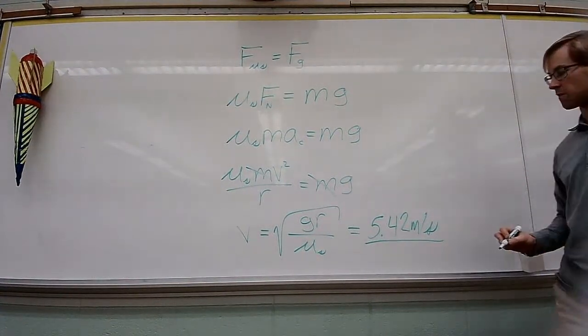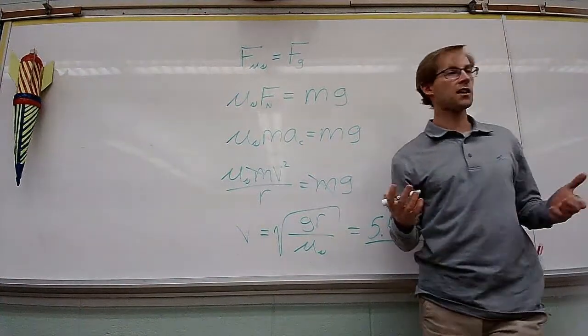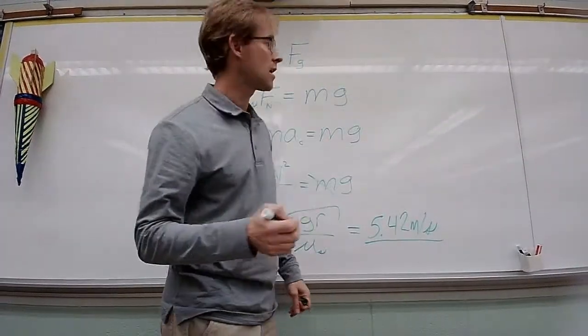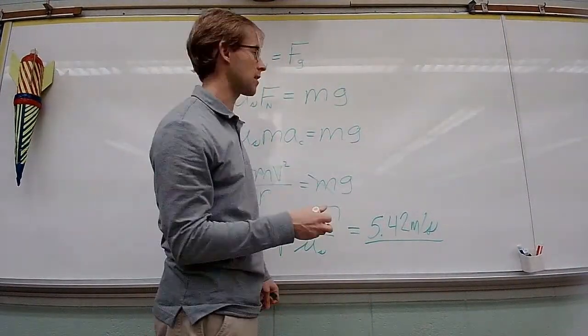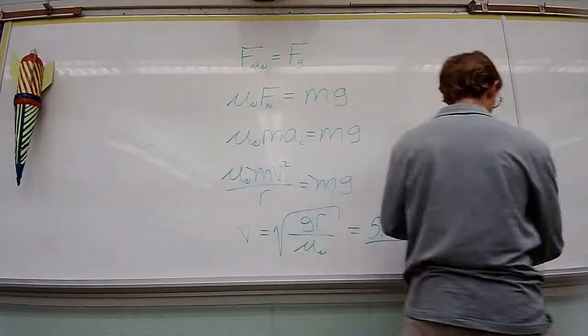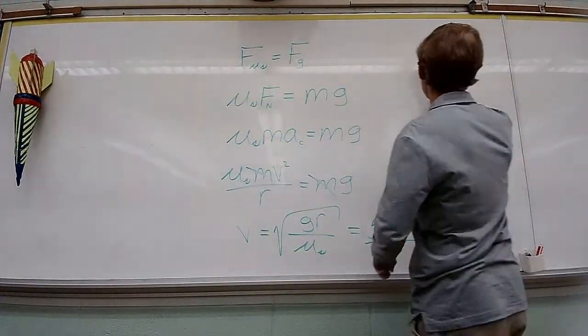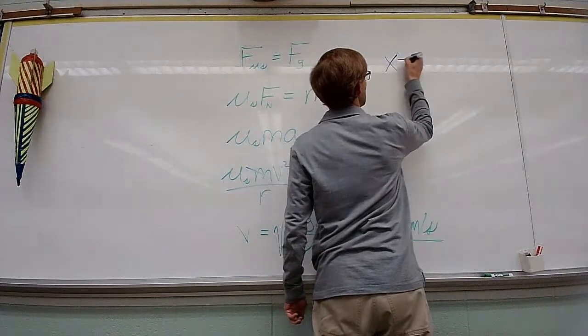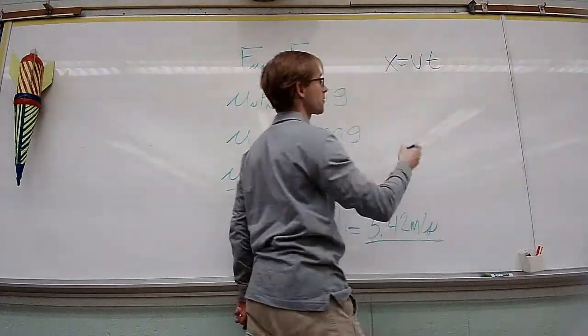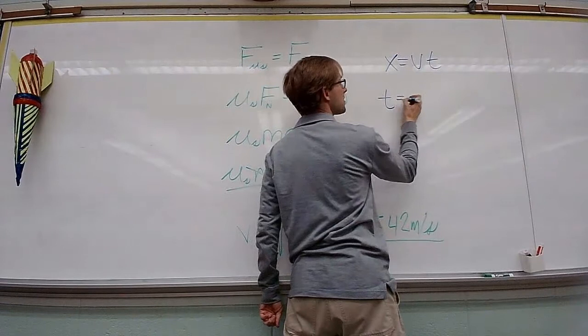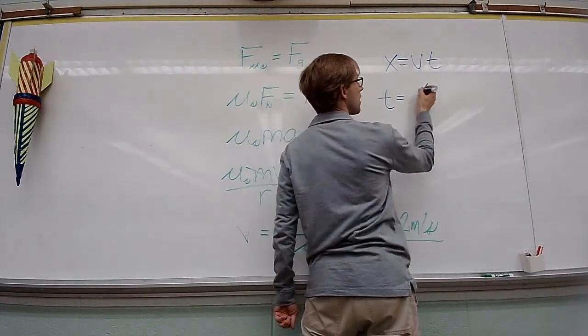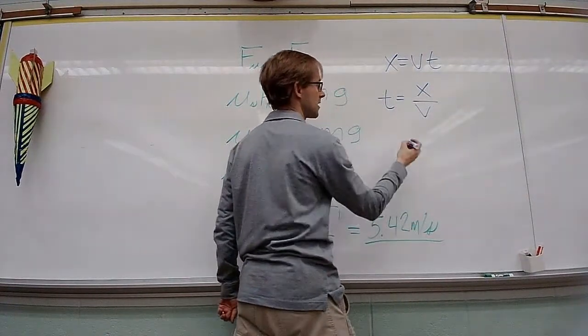And once you have your velocity, now you've actually got enough information to figure out the maximum time necessary to go around once. Because x equals vt. If we're looking for time, time is simply going to be equal to our distance over our velocity.